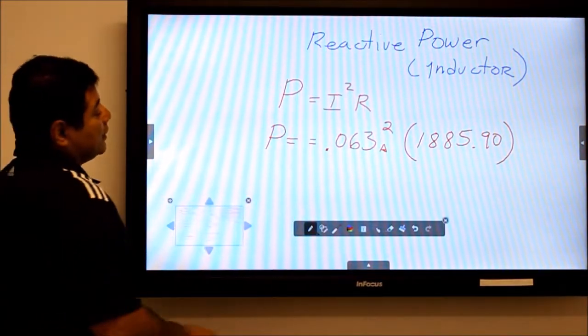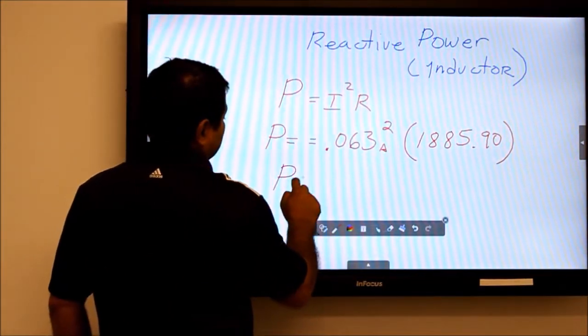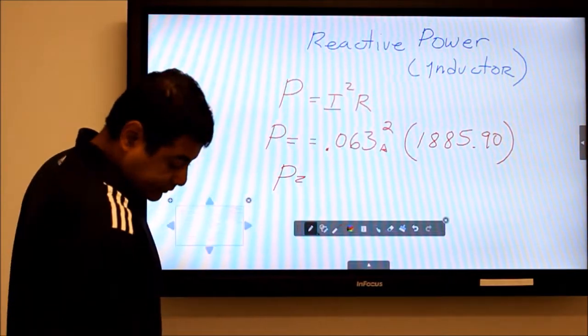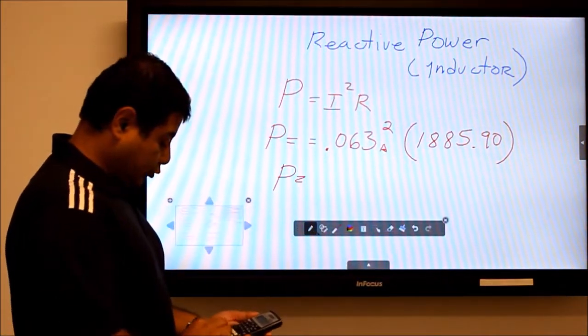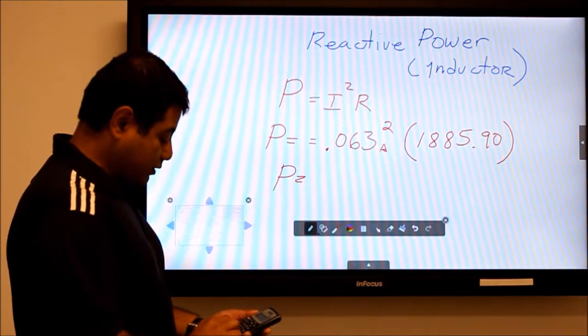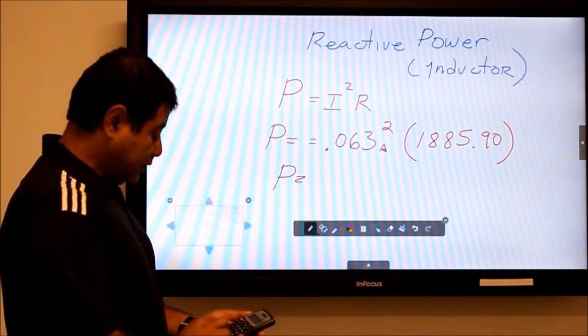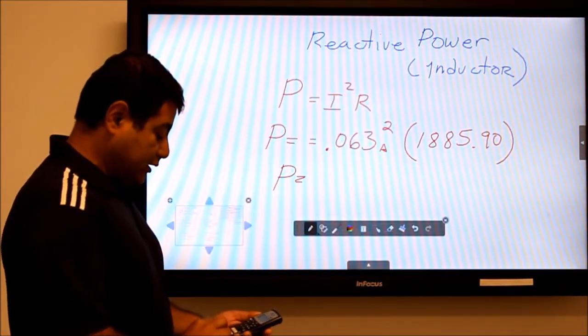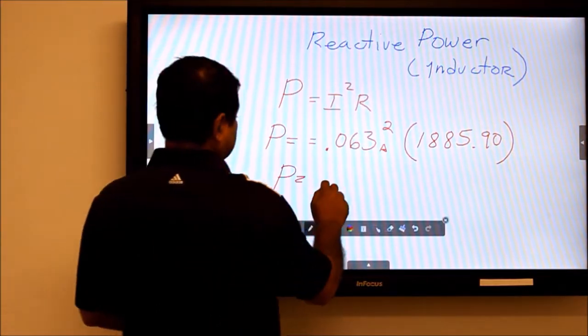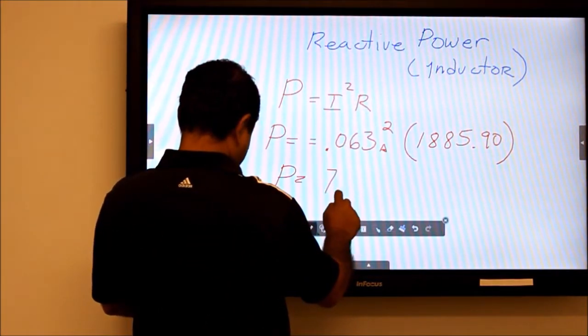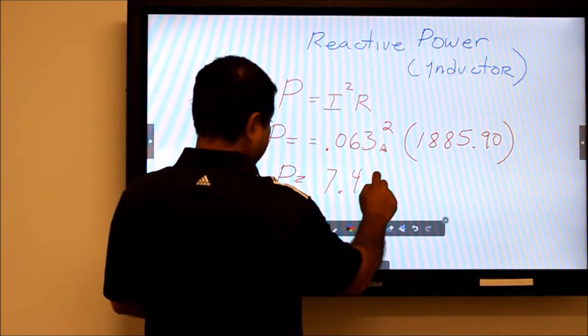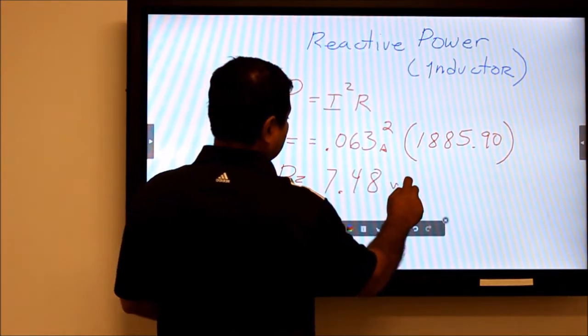Okay. Now you just put all these values into your calculator. 0.063 amps squared times 1885.90, and I get 7.48 watts.